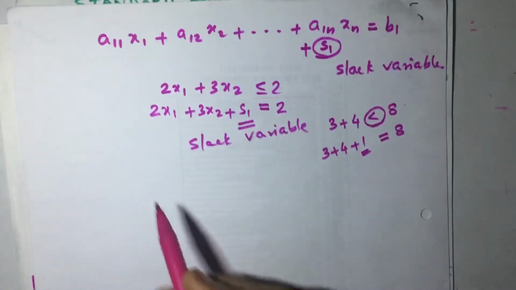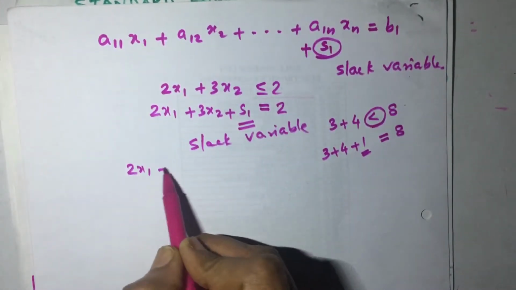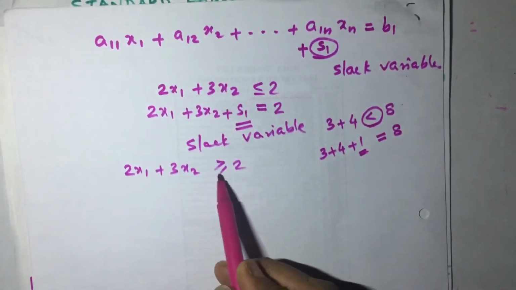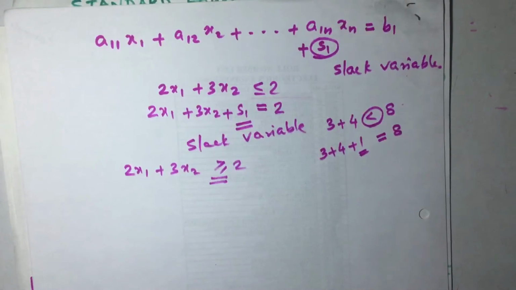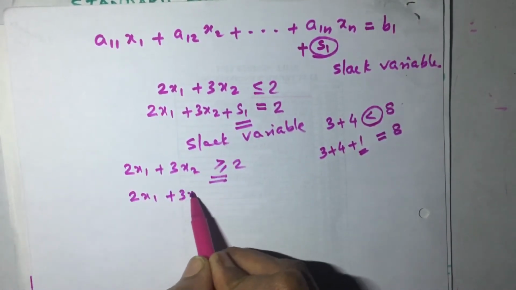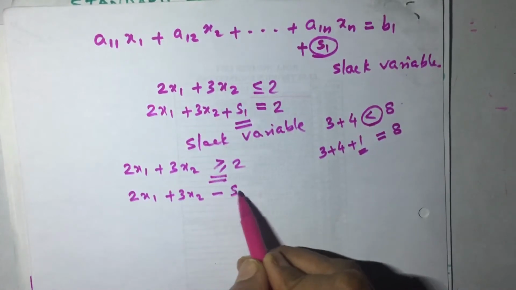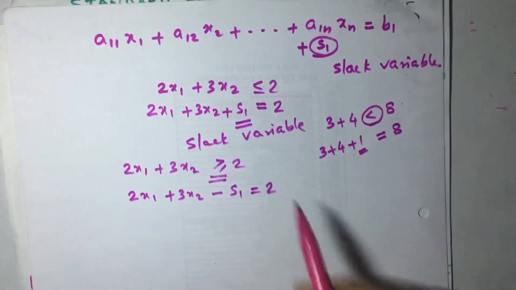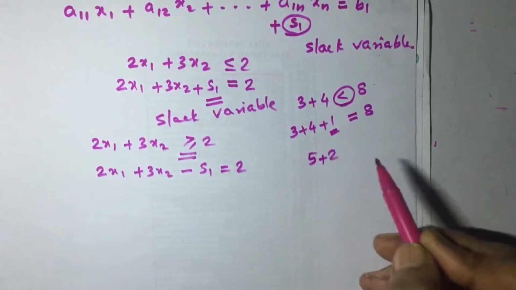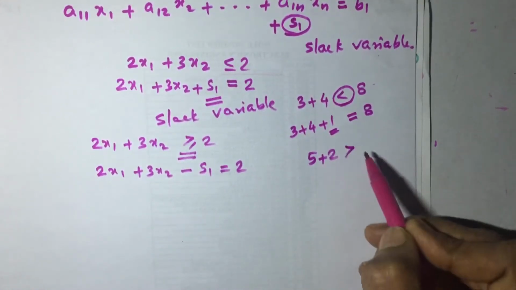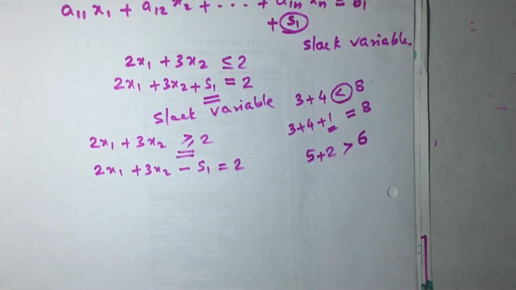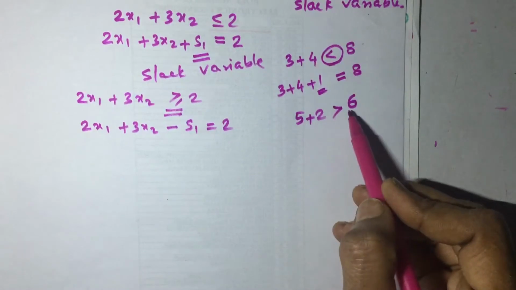Similarly, if it is say 2x1 plus 3x2 is greater than or equal to 2, of greater than or equal to type, then we subtract a non-negative number s1 from the left side, so that the relation becomes equal. Say for example, 5 plus 2, 7, is greater than 6.